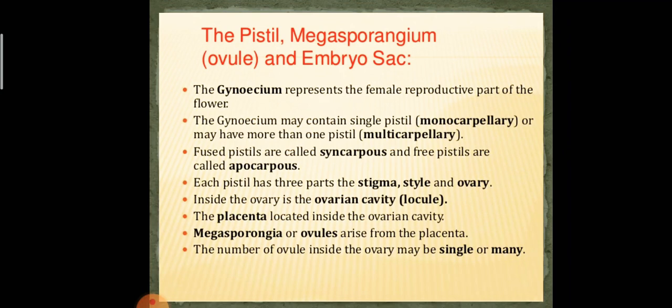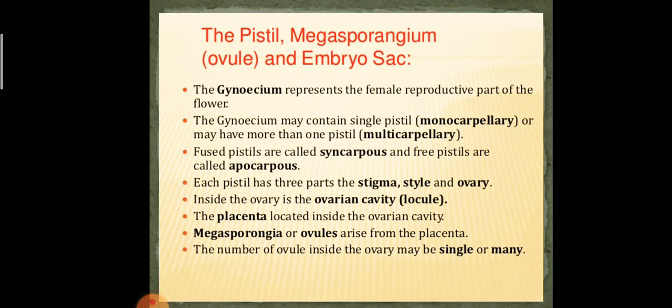Let's see how the gynoecium undergoes megasporogenesis. Before we discuss the megasporangium and its constituents, first you should know the typical parts of a pistil. Three parts are present in a pistil: stigma, style and ovary.